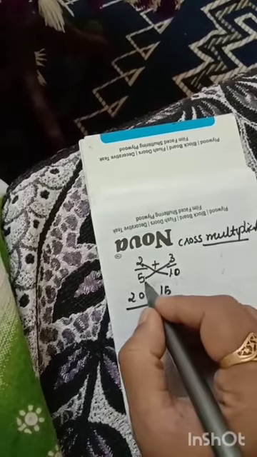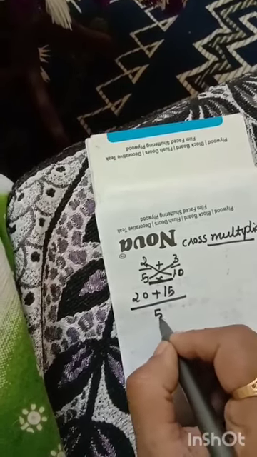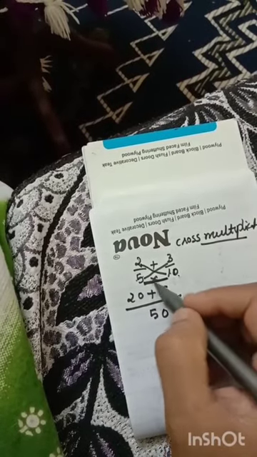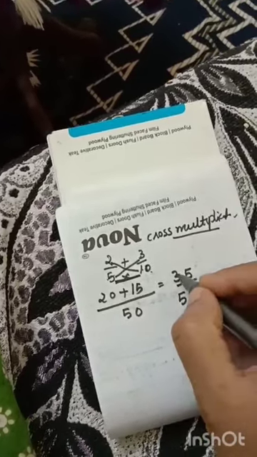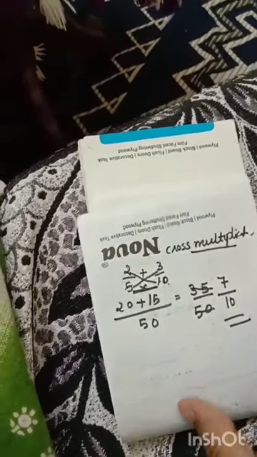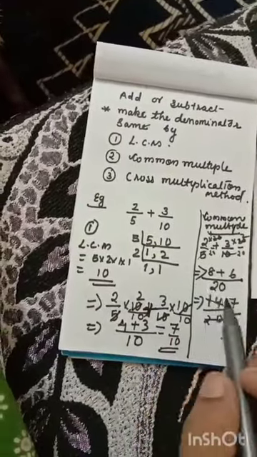Your denominator is the multiplication of the denominators only. 10 5 are 50. Clear children? 2 10 are 20, 5 3 are 15, 5 10 are 50. 35 by 50. Cut it in 5 table. 7 by 10. Okay children, everywhere the same answer you will get, but the methods are different.